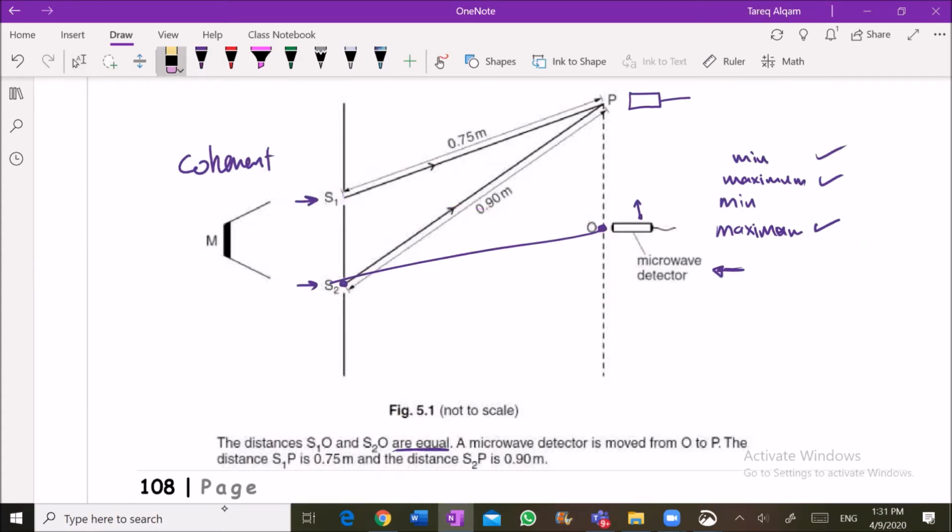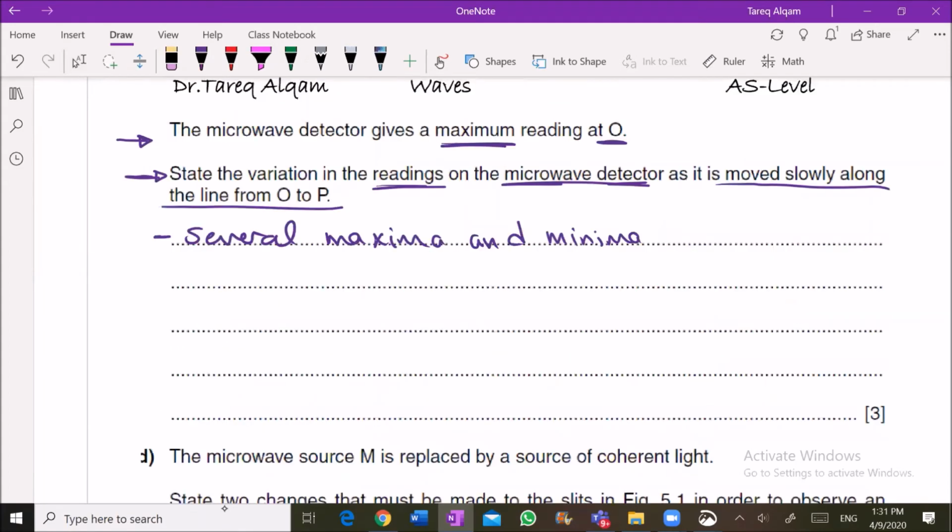What will I do now? First of all, I have to find the path difference at P, which is S1P minus S2P, and divide it by the wavelength.